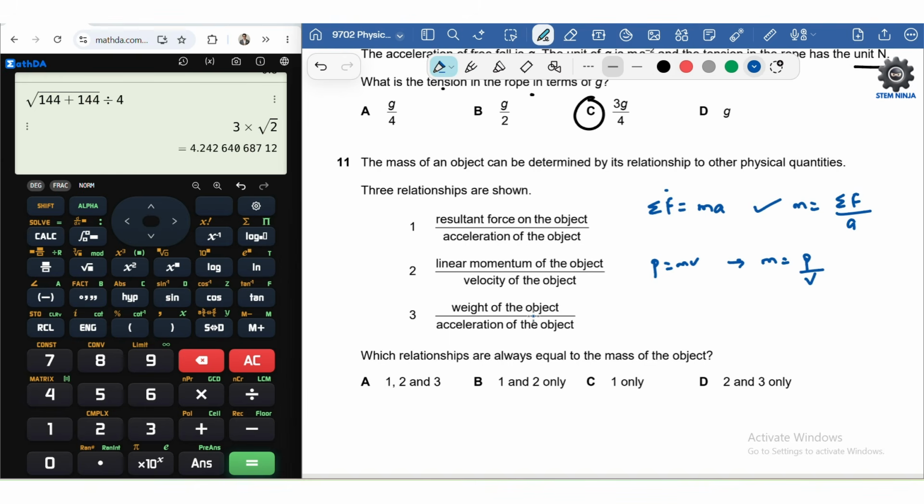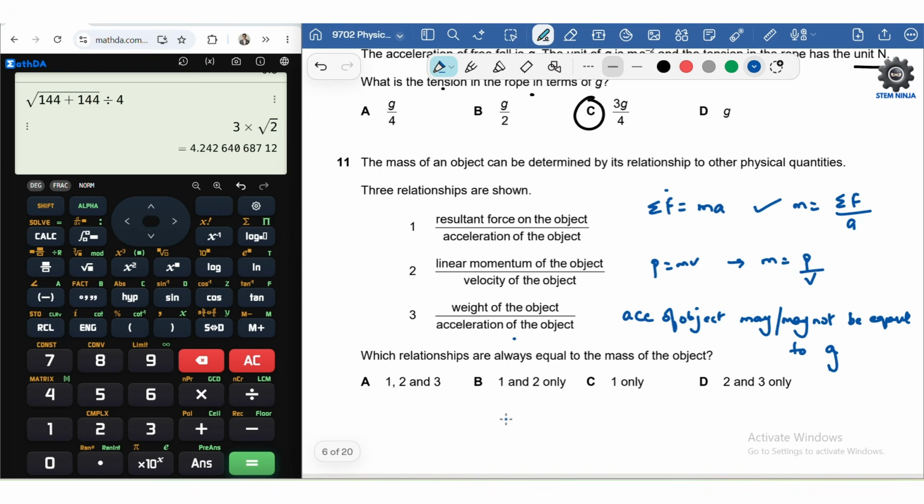But weight of the object and the acceleration of the object. So acceleration of the object may not be equal to the acceleration due to gravity, g.